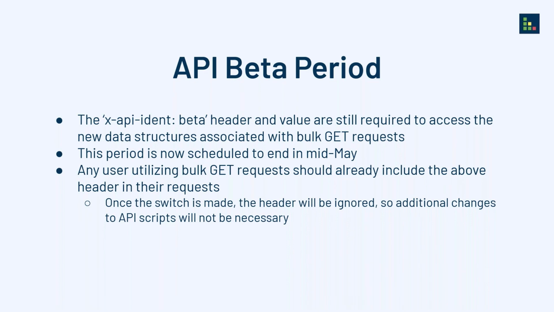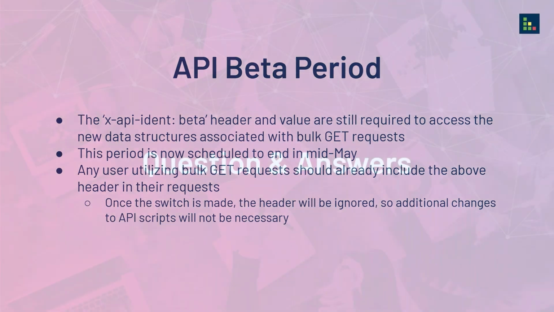We're allowing an external tool to make their necessary updates before we release this change, because this would break an integration with that external tool. Hopefully at this point, anyone already using the API should be using these beta headers. Once this switch is made, the header will simply be ignored, so you will not need to go back and remove the header from your API scripts. There won't be any change necessary going forward, but we do hope you're already using the beta header.